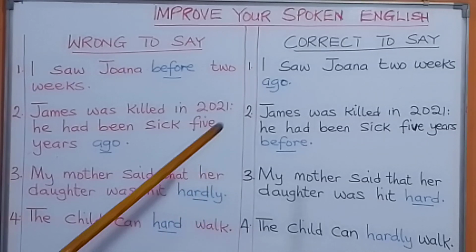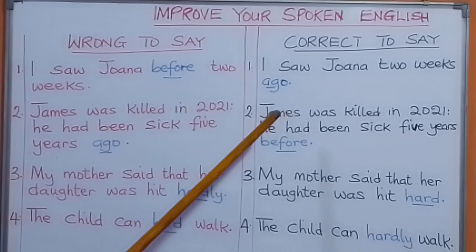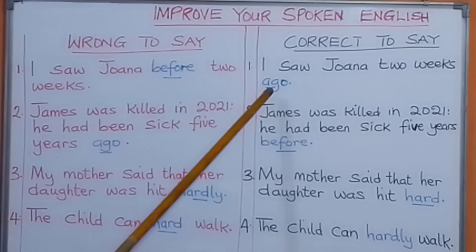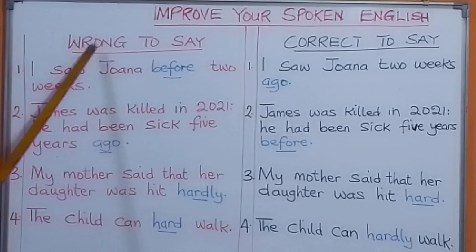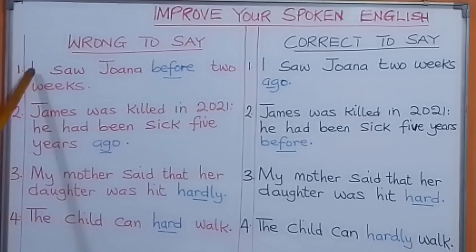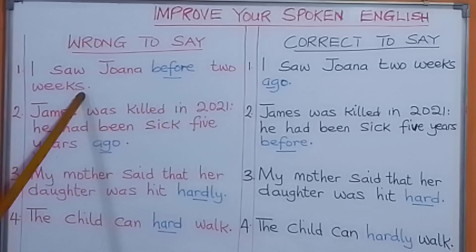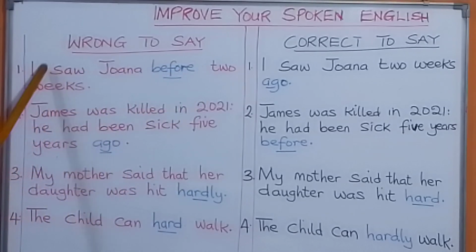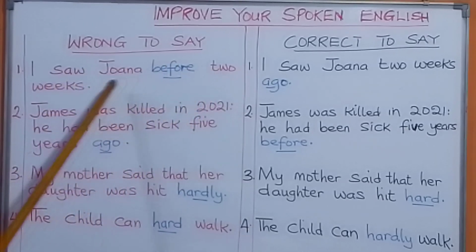But if you are talking from the time you are speaking to a point in the past, then you use ago. Therefore, it is wrong to say, I saw Joanna before 2 weeks, or I saw Joanna 2 weeks before.